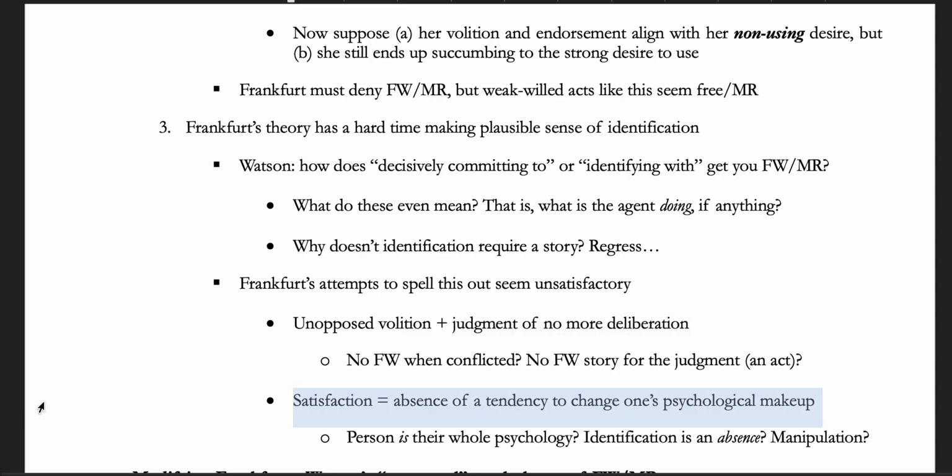But then he gives another possible thing. He's like, okay, well, identification is about satisfaction, where you have your complete psychological makeup, but then you don't have any tendency to change it. You have no inclination to change your psychological makeup. So this seems to suggest that the person is their whole psychology.